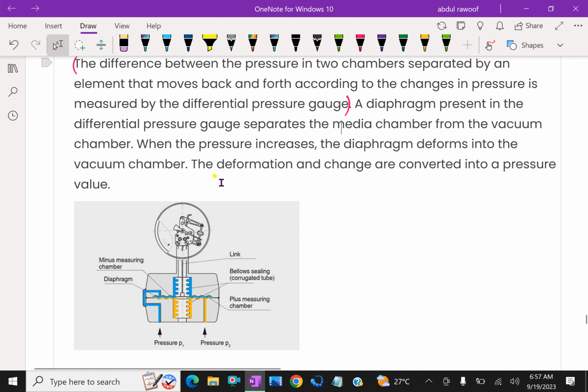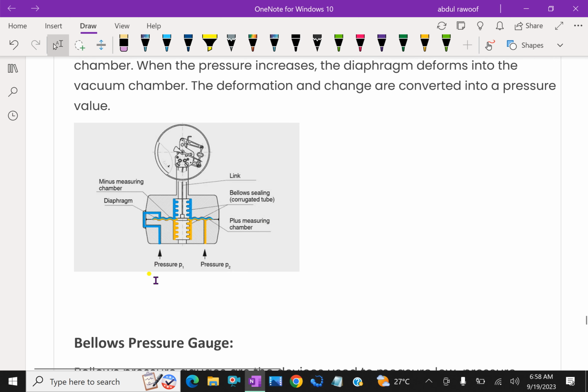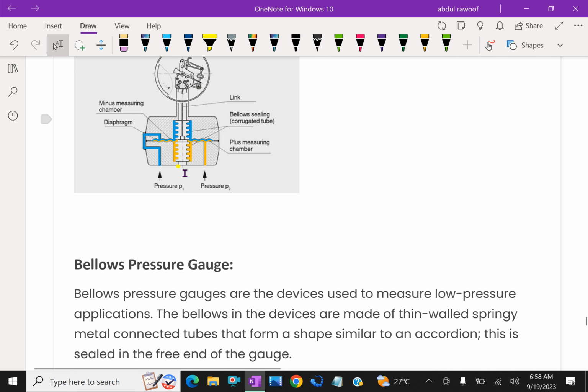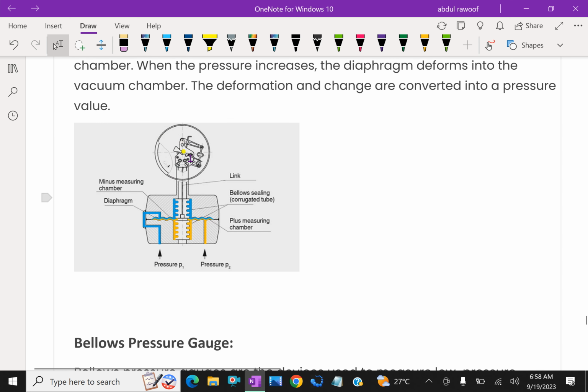When the pressure increases, the diaphragm deforms into the vacuum chamber. The deformation and changes are converted into pressure values. Look here, the pressure comes here and so the diaphragm moves. Due to the difference in pressure up and down, we measure that point through this pointer.